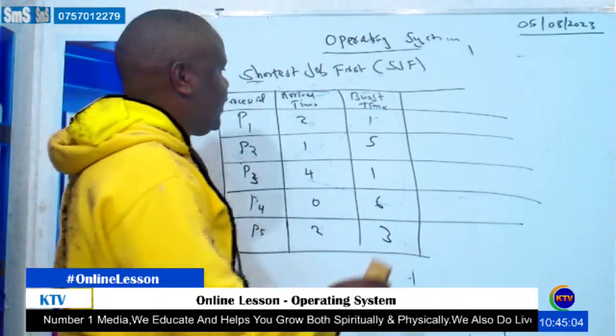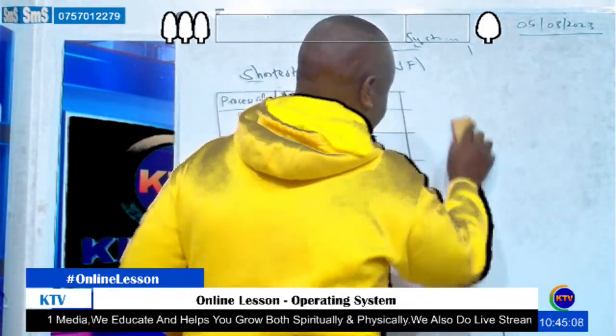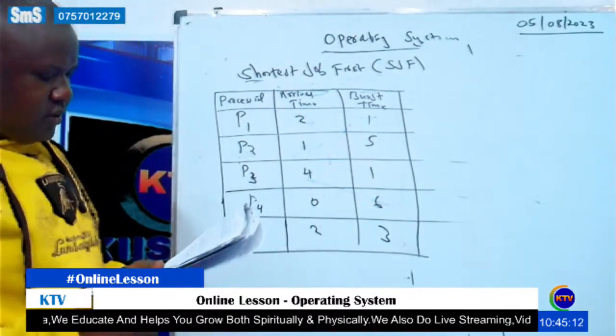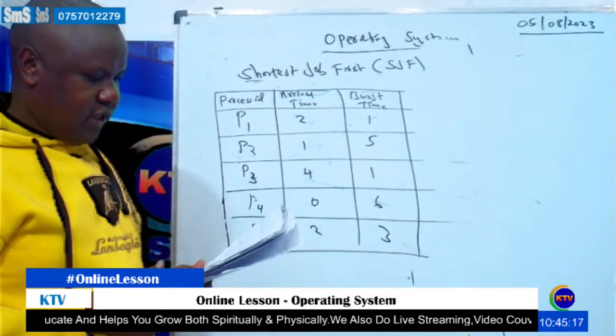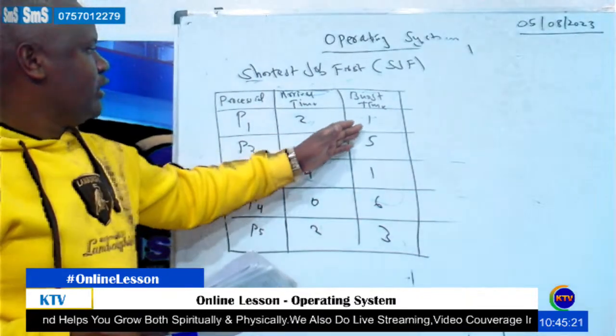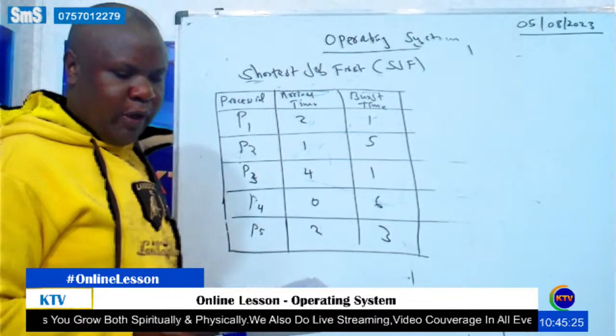So we want now to calculate, assuming these 2 processes arrived at this time and they took all this time, we calculate the average waiting time.